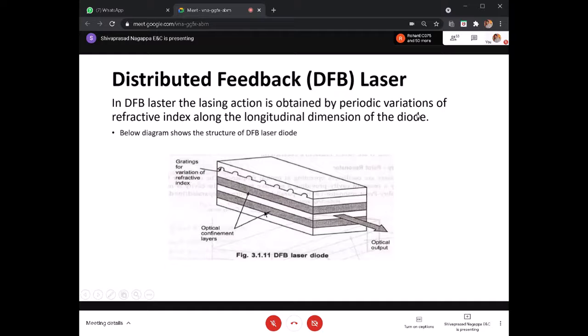This will be the PN junction, on top of which you will again have layers. These confine the photons liberated, so that everything gets confined and passed through a single outlet.